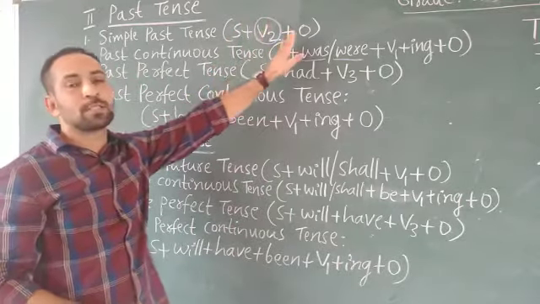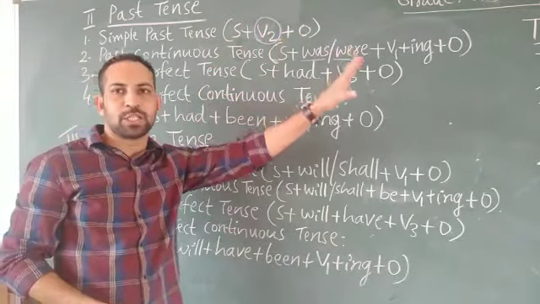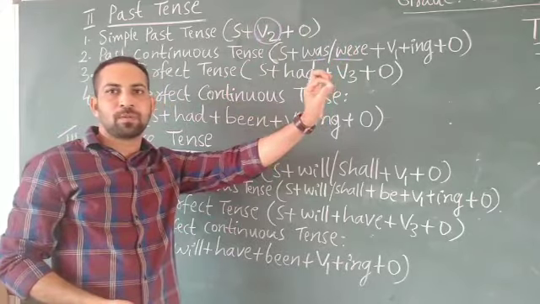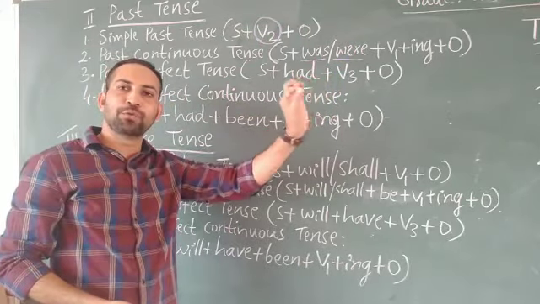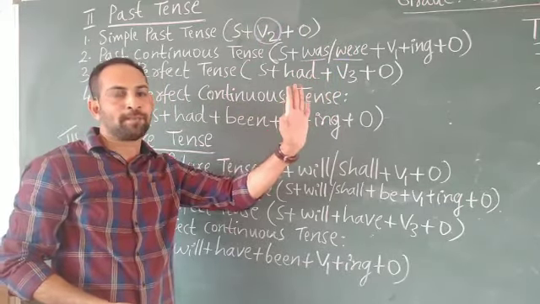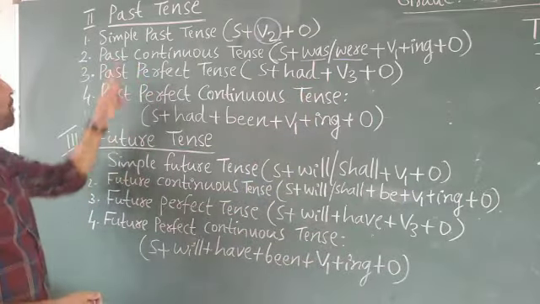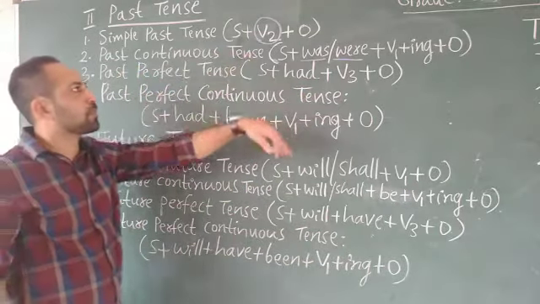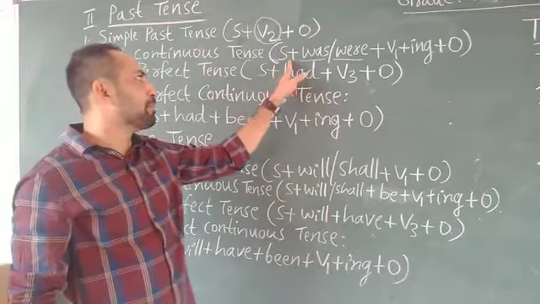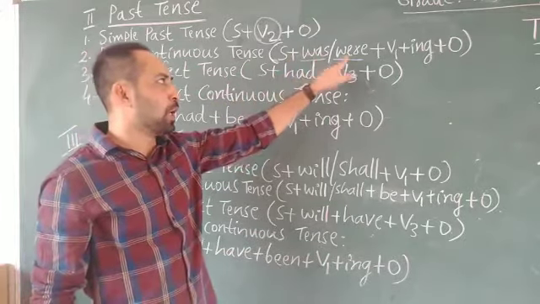The example is I studied English. Studied is the V2 form of the verb. Next, past continuous tense. The rule is subject plus was or were.